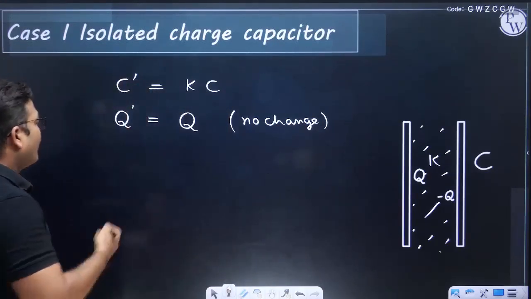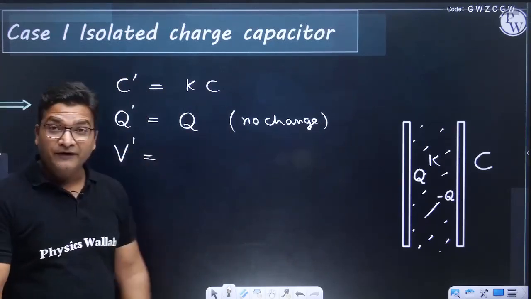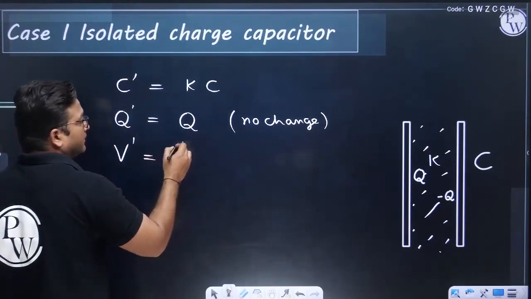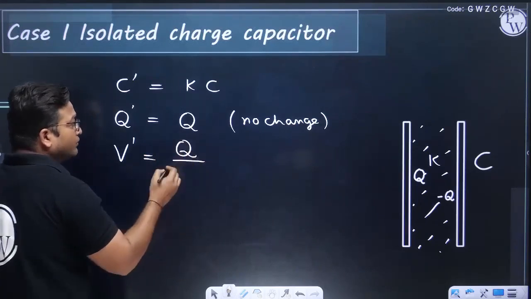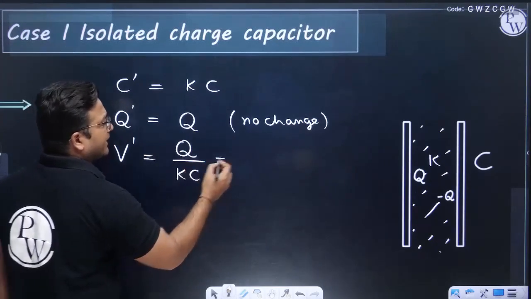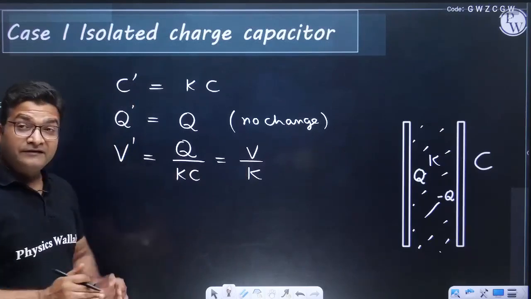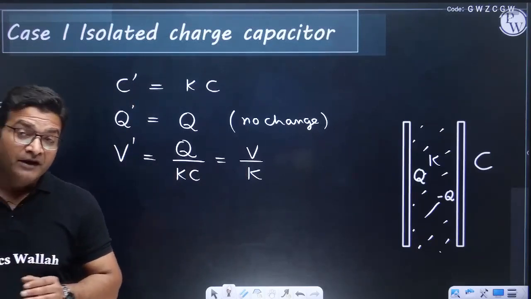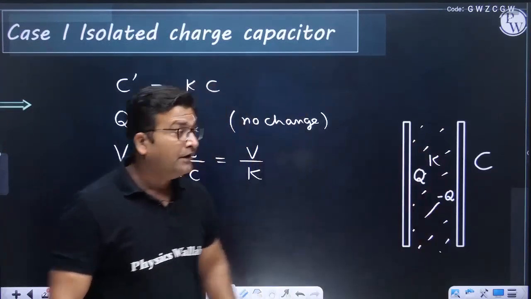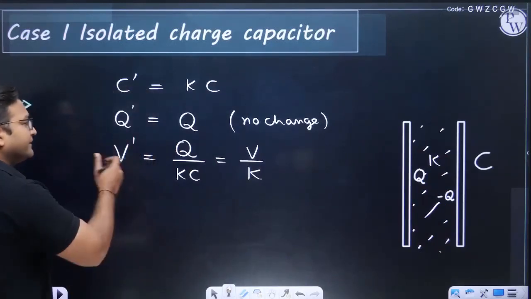So what happens to the potential difference between the plates? As you know, potential difference is equal to Q by C. Q is now the same as before, and the new capacitance is K times C. So I can write Q by C as the old potential difference divided by K. As K is always more than 1, inserting a dielectric slab in an isolated capacitor decreases the voltage by a factor of K. So this is the new voltage.